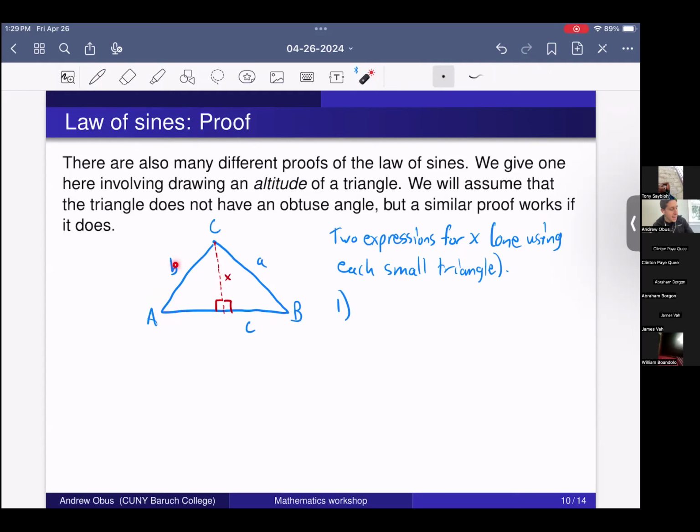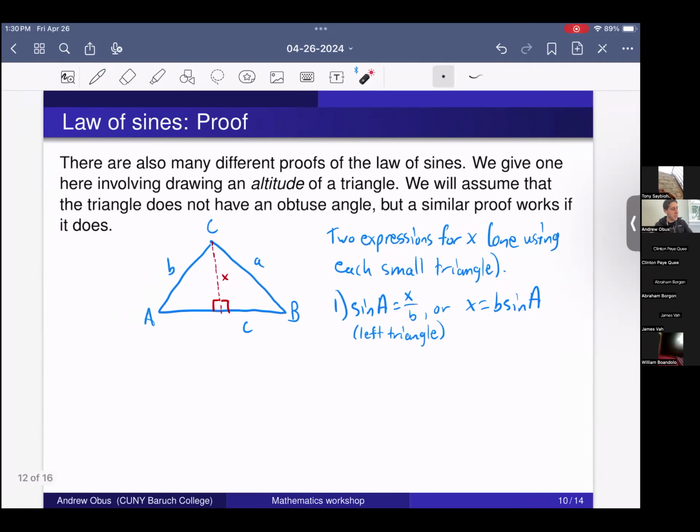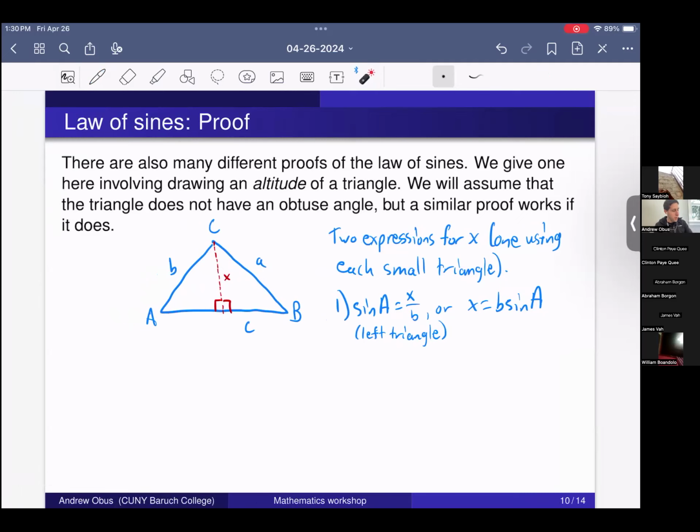If I want to relate X and B using angle A, the sine of angle A is the opposite over the hypotenuse, so that's X over B. In other words, X is equal to B sine A. This is from the left triangle. I have my angle A, X is the opposite, B is the hypotenuse.